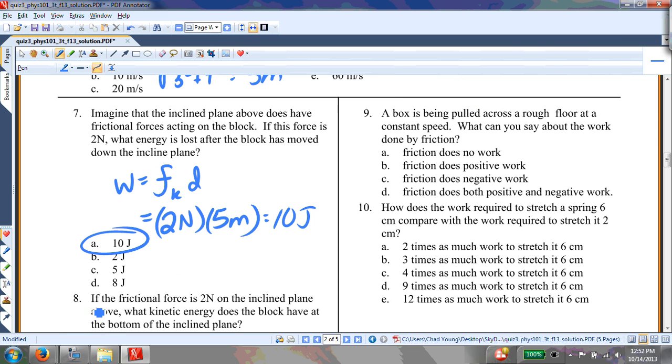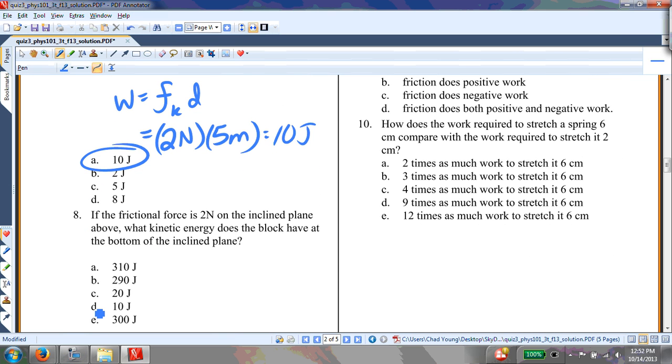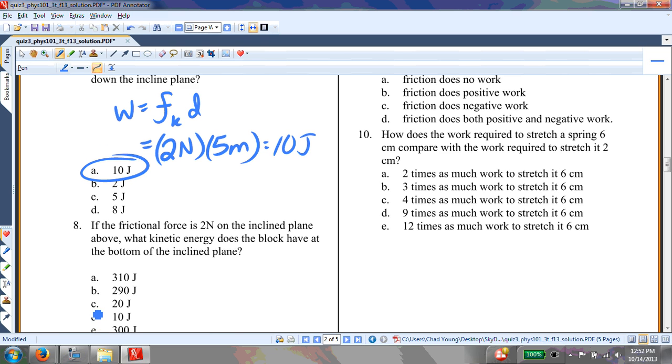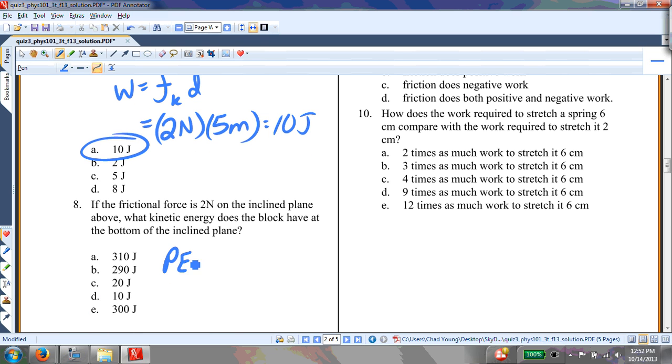Okay. If the frictional force is 2 newtons on the inclined plane, what kinetic energy does the block have at the bottom of the inclined plane? Well, it lost 10 joules, so I just need to find the total energy, and I'll subtract 10 joules from that. Let's just take the potential energy at the top, which is m times g times h.